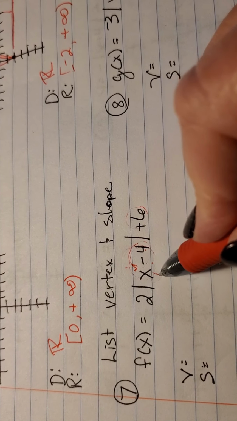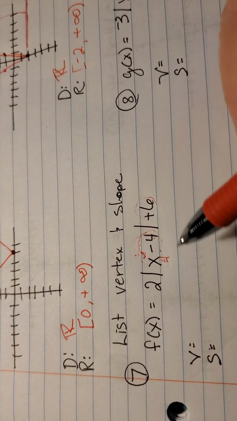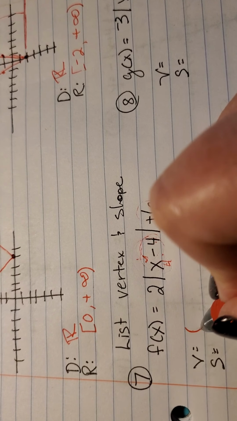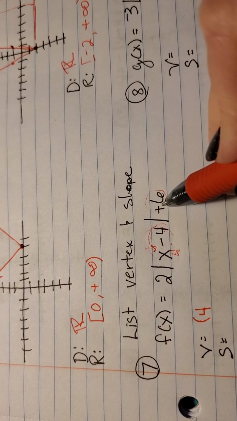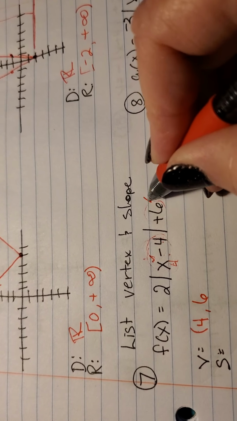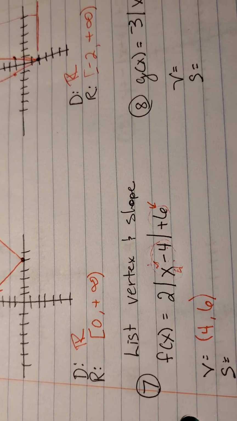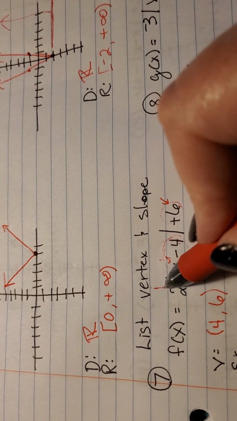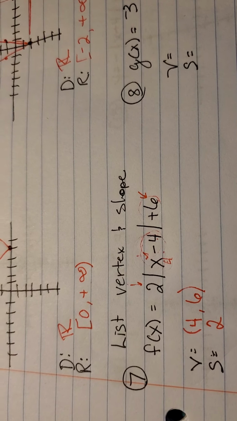Well, we know if we put a 4 in for x, 4 minus 4 gives us 0. So our x value of our vertex is going to be positive 4. And then our y value of our vertex is going to be 6, this number right here. So our vertex is 4, 6. And our slope is this number out here in front, which is 2.